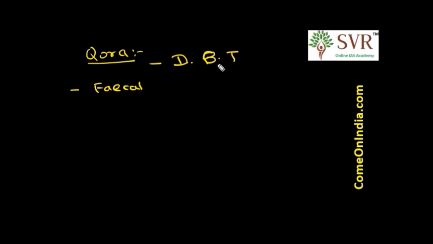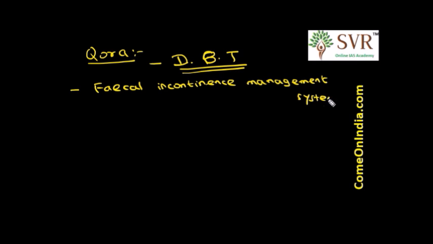Now we will discuss about Cora. Cora is the spin-off of a program launched by Department of Biotechnology. Cora is nothing but an indigenously developed, affordable fecal incontinence management system.